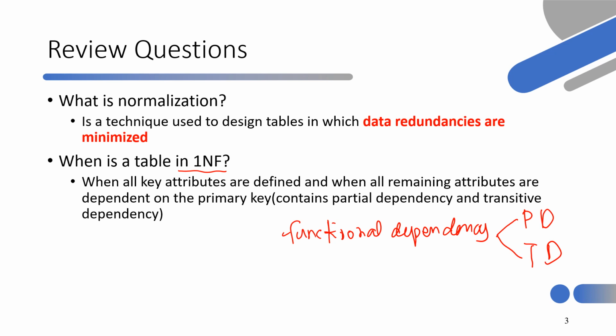Remember that partial dependency is the situation when part of the primary key defines the dependent attributes, and transitive dependency is defined when a non-primary key defines the attributes. So this is the situation.